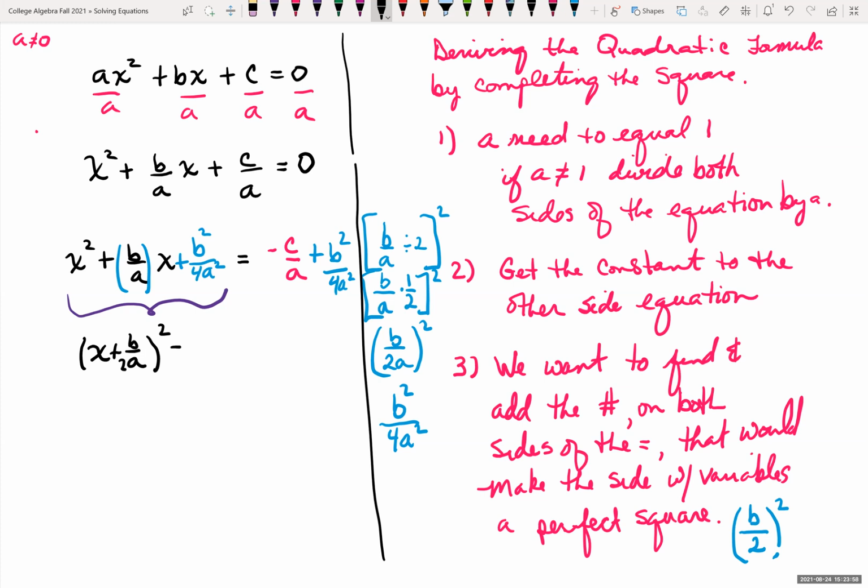So this is equal to, well, let's write this one side over here. Let's get a common denominator. Let's combine as one fraction. I noticed that my LCD of those two fractions is 4a squared.